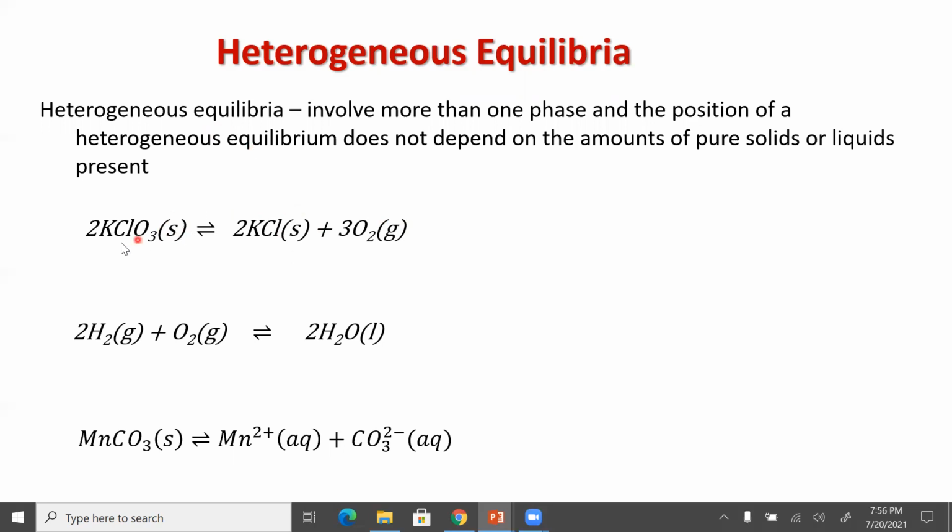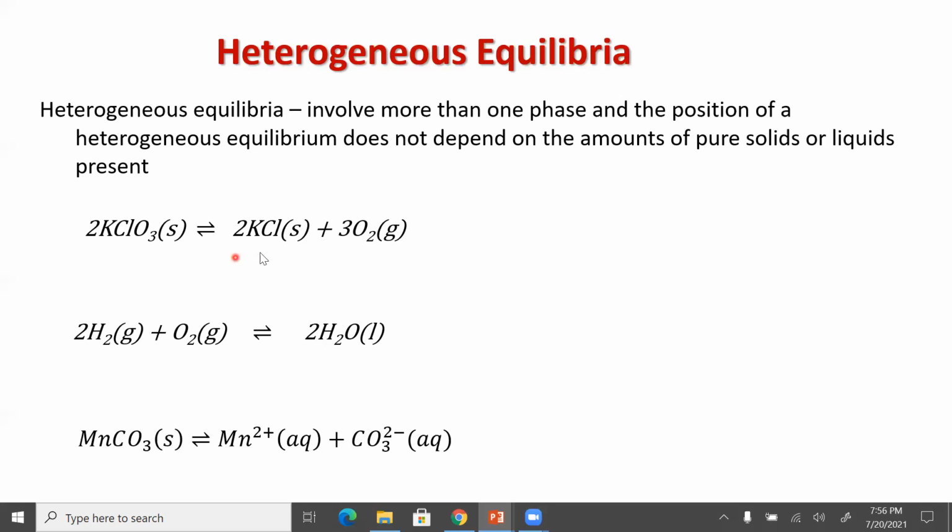And we want to write the equilibrium expression. Well, it's products over reactants raised to the power of the coefficient in the balanced equation, except we don't include solids and liquids.